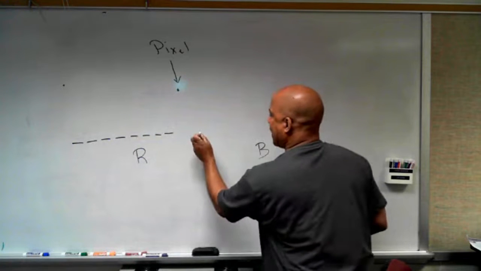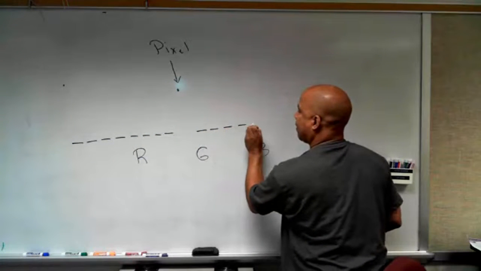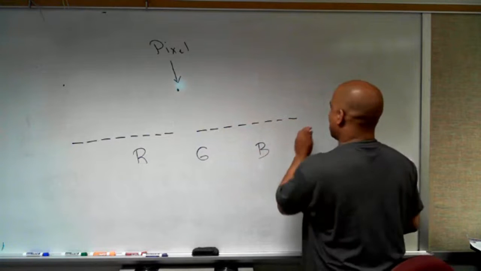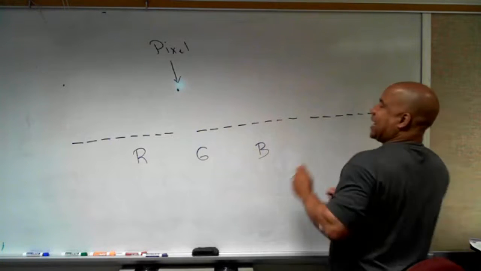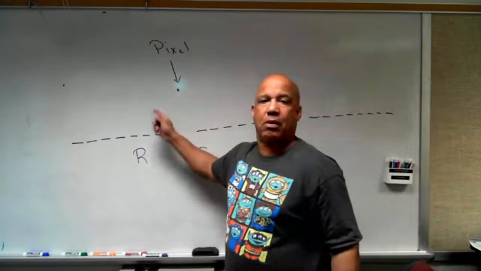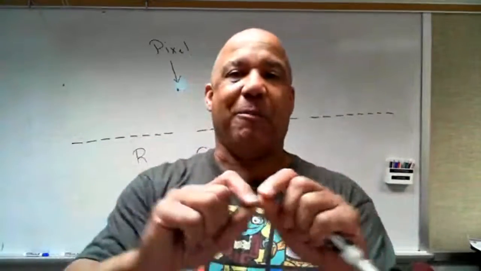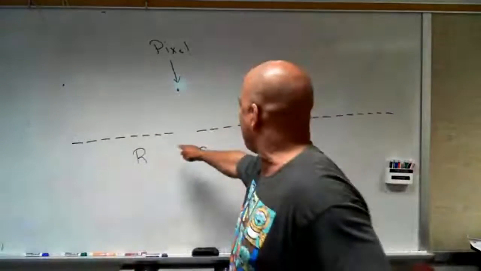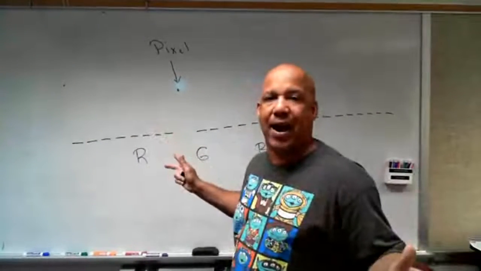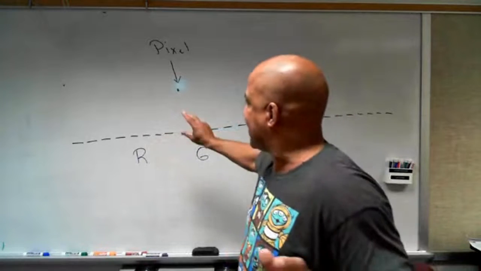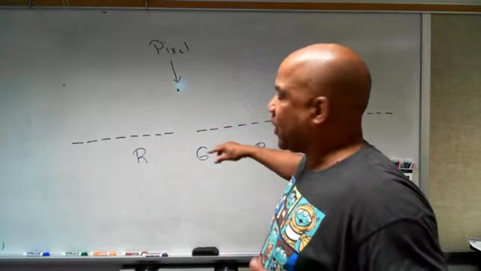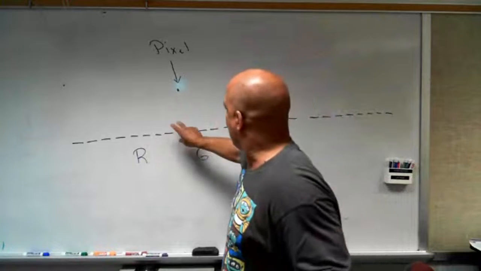I need to store green, 8 bits for green. 8 bits for blue. That's just for one pixel. So on your computer screen, on your cell phone screen, you may have 1,000,000 pixels. So the number of bits is just unwieldy. So this is a good example of the trade-off. The fact that we've got to use so many.